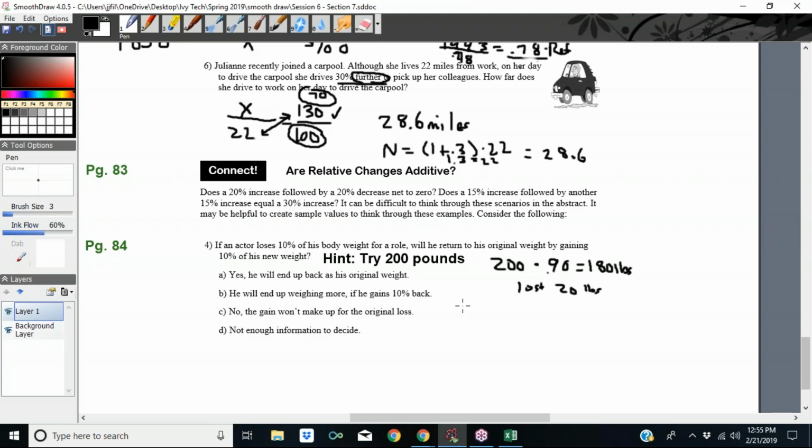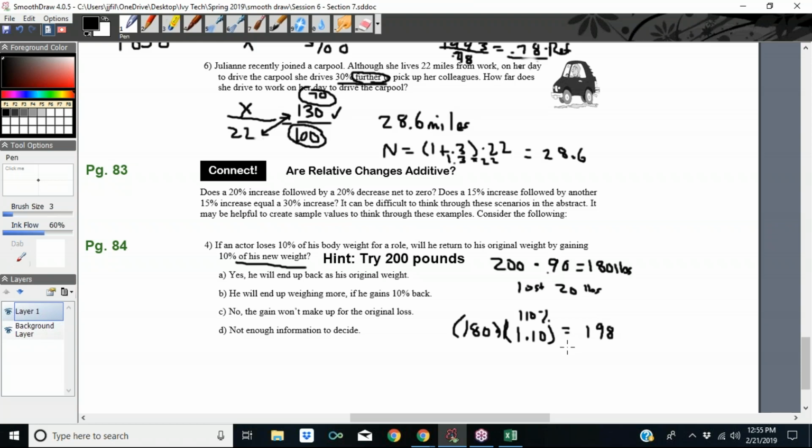So now we want to look at this and say, if he gains 10% of his new weight back, what will he weigh? Well, if he's 180 pounds, he gains 10% back, then what are we going to multiply by here? He gains 10%, so it'd be 110%. So 1.10. That would make it 198.